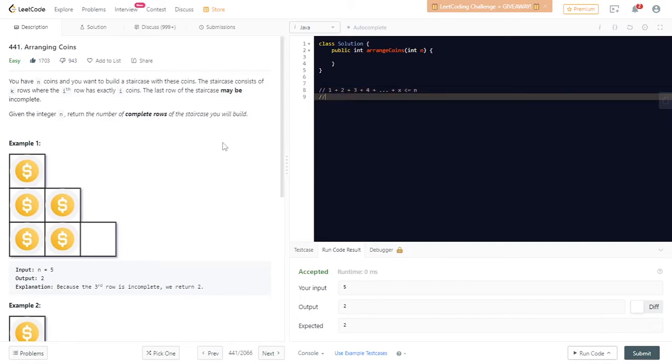So we have to calculate x. The formula would be x into x plus 1 by 2. This is the formula for the sum of the numbers till x, where x is the number we are required to find.